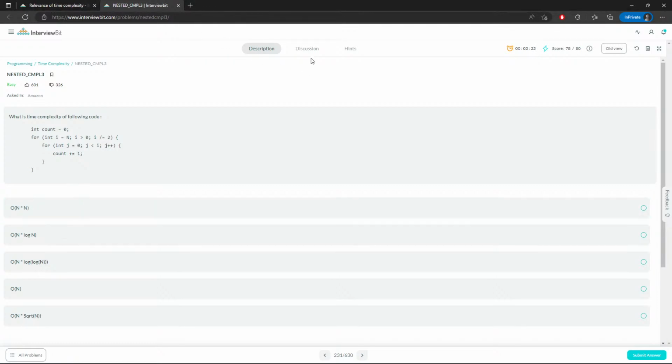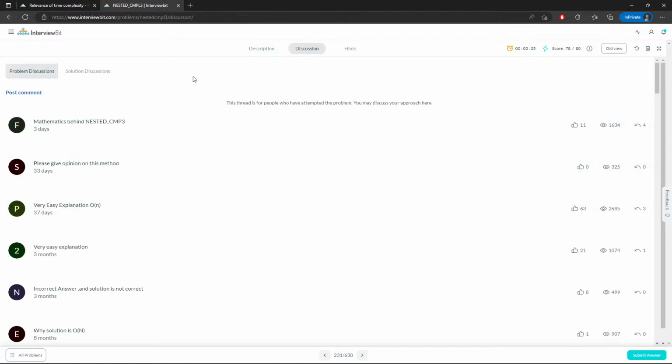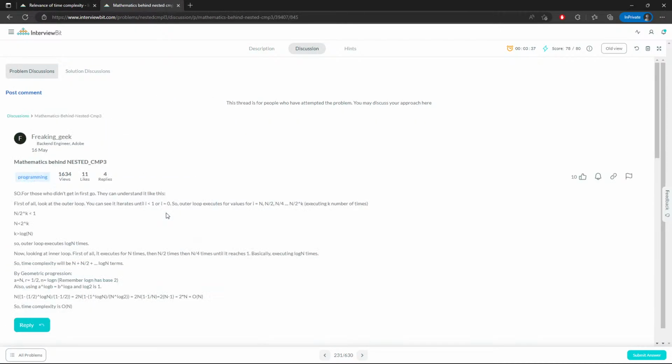Take a look at the discussions. Mathematics behind nested loops: for those who didn't get it in the first go, they can understand like this. First of all, look at the outer loop. It iterates until I is less than 1, or 0. The outer loop executes for the values I equal to n by 2, and so on.